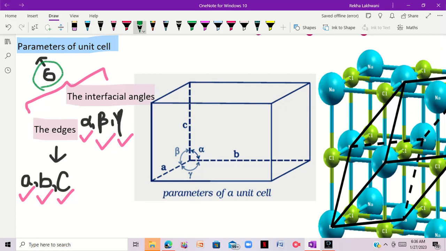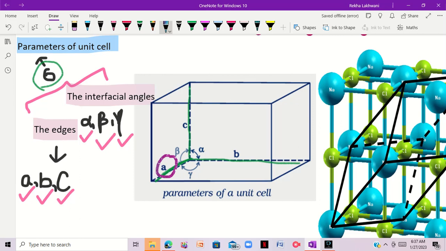So what do edges mean? Edges mean the length basically. As you can see over here, this length, and this length, and this length. So width, height, and breadth. Now the alphabet A is placed over here, which is showing the width of the edge.